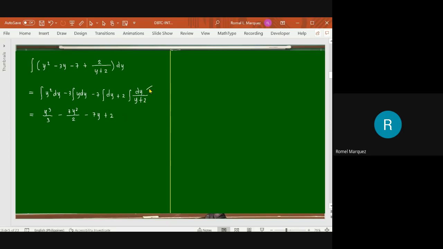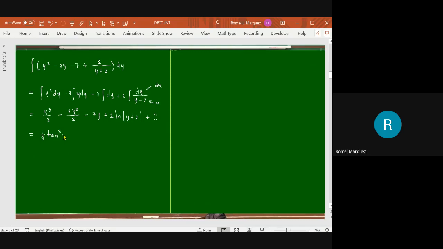So this is already du, and this is u. D over u, what's the integral? Ln of the absolute value of, yan. So let's put it back to its original function. So ang y is what originally what function? Tangent. So 1/3. What is y? Tangent. But it is raised to 3.